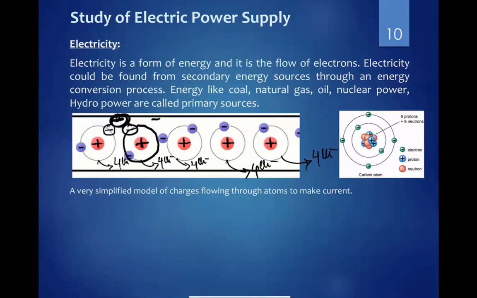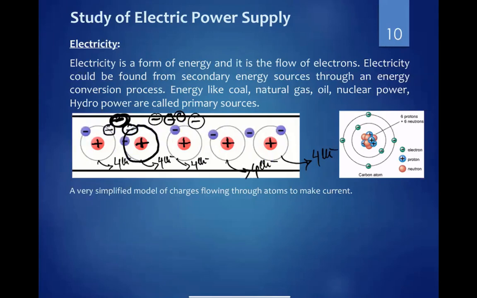Once this electron is flowing in free space like this, that is what is referred to as electricity. That's where copper is an extremely important element on the periodic table, because it only has 1 electron in its outermost shell, far away from the nucleus. The electrostatic force of attraction between the two charges is pretty small.